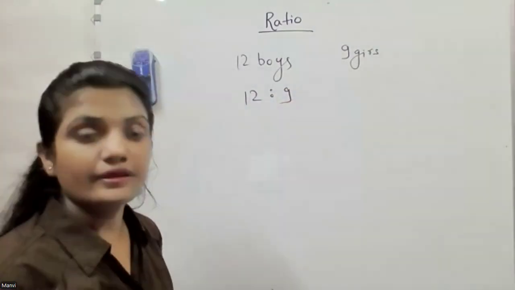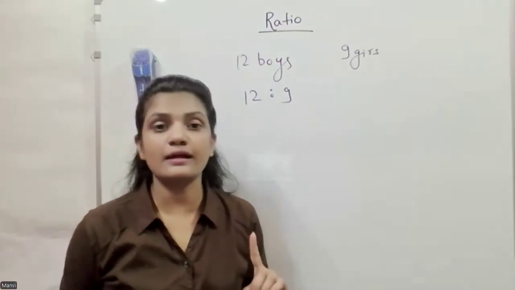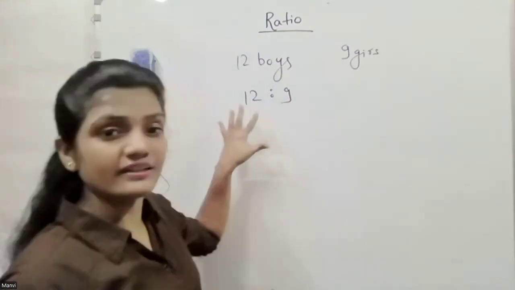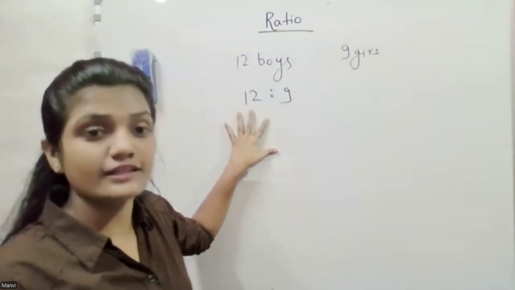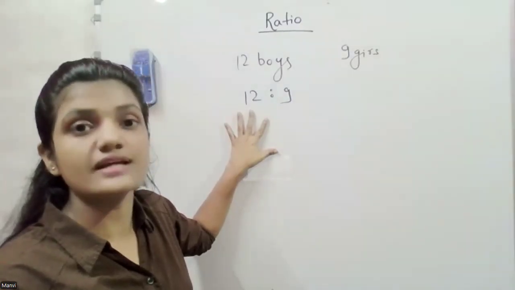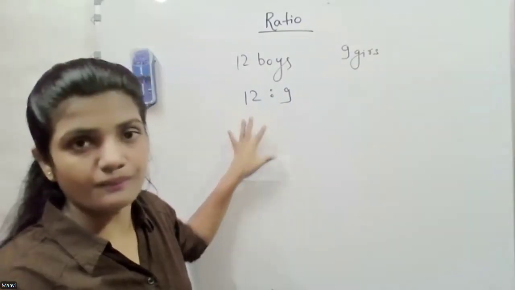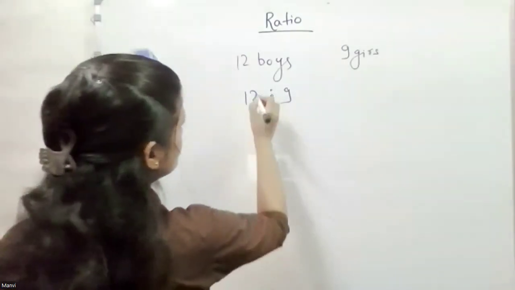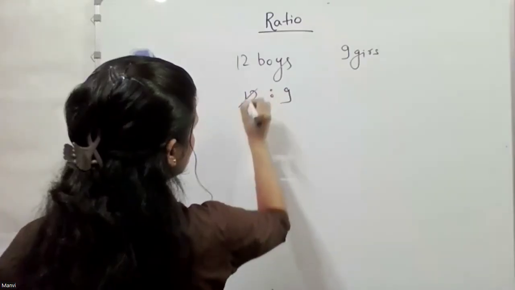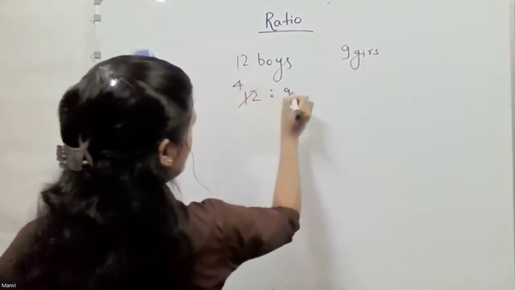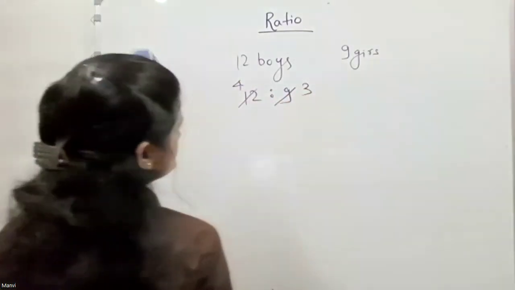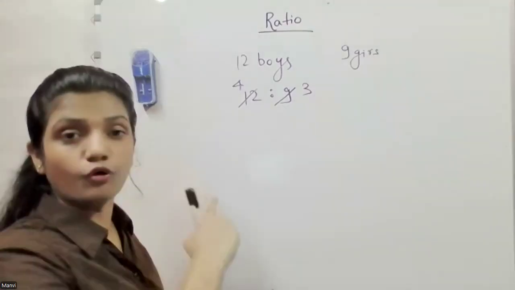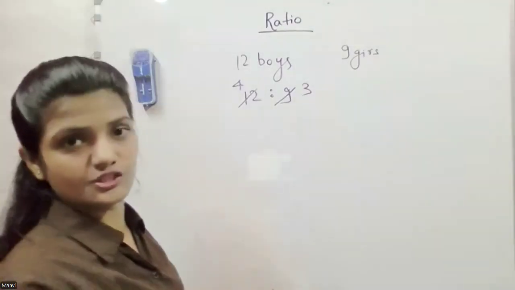One more thing we need to keep in mind is that whenever we write a ratio, we must simplify it. Always write it in simplest form. So we can divide both by 3. 12 divided by 3 will be 4, and 9 divided by 3 will be 3. So the correct ratio will be 4 ratio 3, not 12 ratio 9.